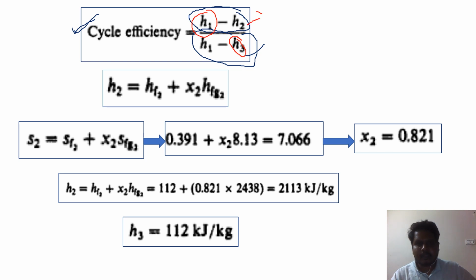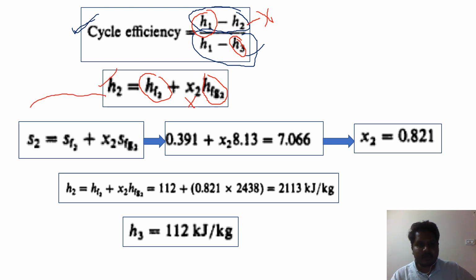Here we don't know the value of H2. So H2 can be calculated by this equation: H2 equals HF2 plus X2 into HFG2. HFG2 and HF2 values we just calculated by interpolation, but here we don't know the value of X2.